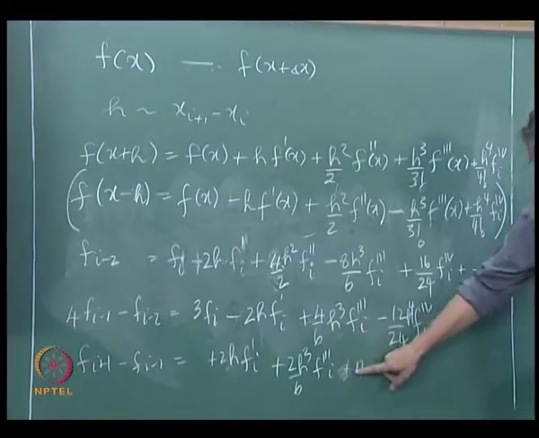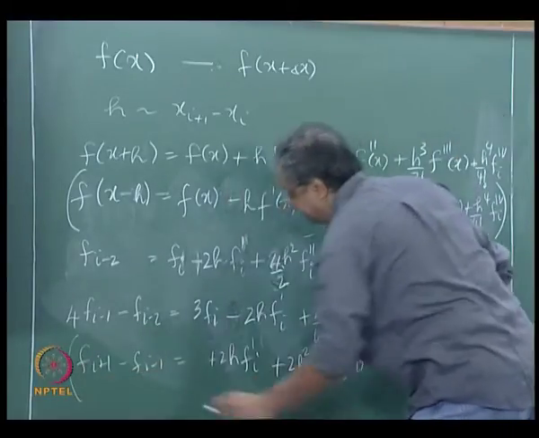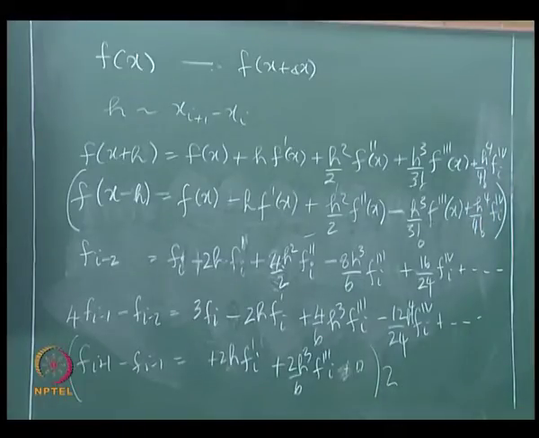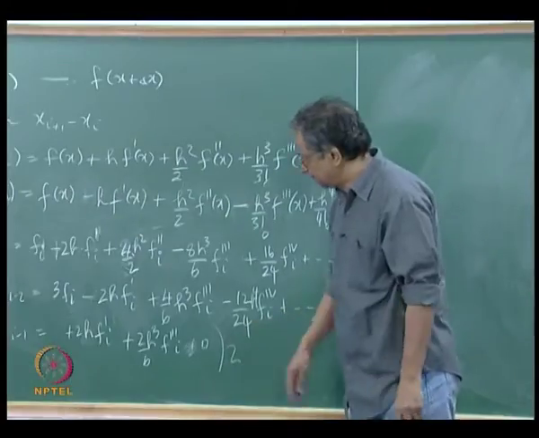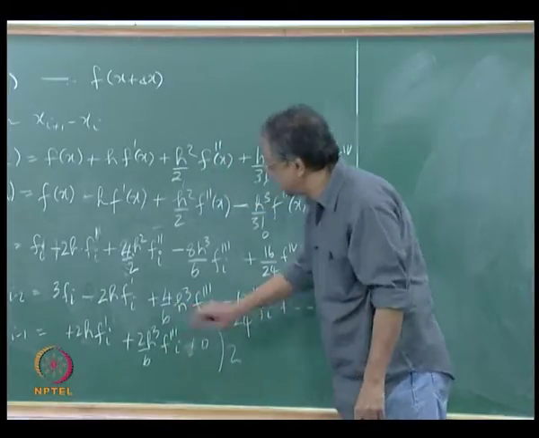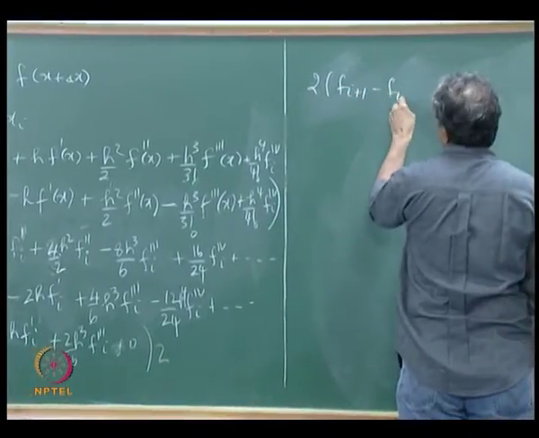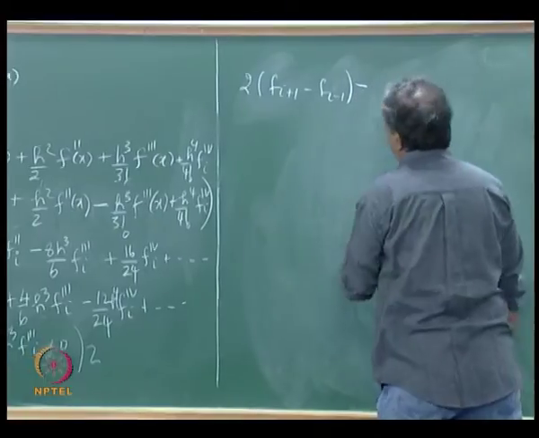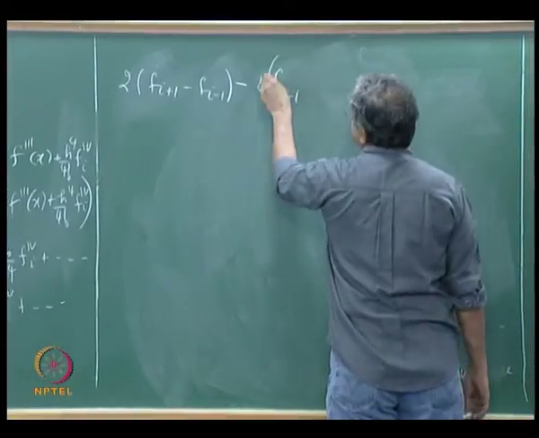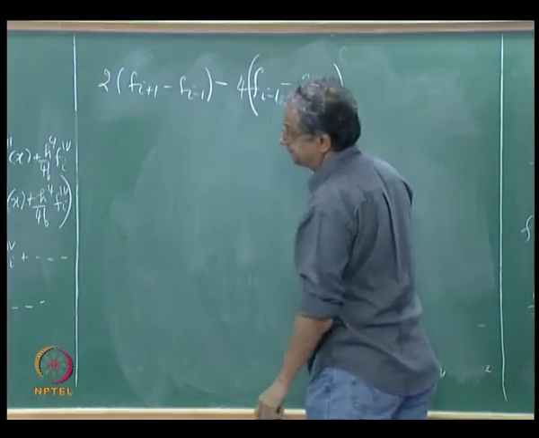So if I were to multiply that equation by 2 and then subtract one from the other, from this equation I subtract that equation, I get 2 times f(i+1) minus f(i-1), minus 4 times f(i-1) minus f(i-2).